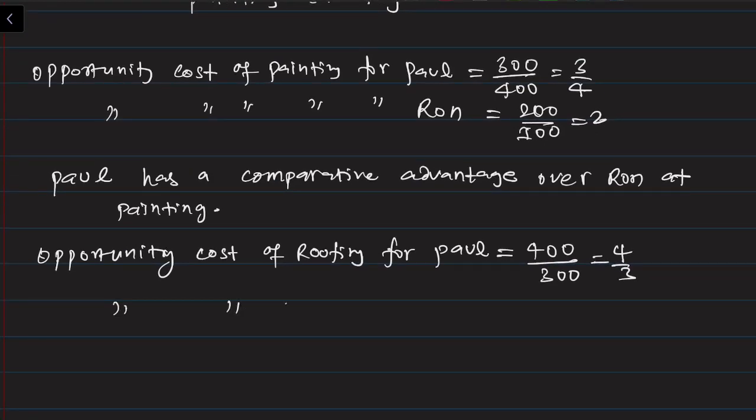Similarly, the opportunity cost of roofing for Ron is simply 100 divided by 200, which is 1 over 2, which is 0.5. So clearly we can see that the opportunity cost of roofing for Ron is less than for Paul. So Ron has the comparative advantage over Paul at roofing.